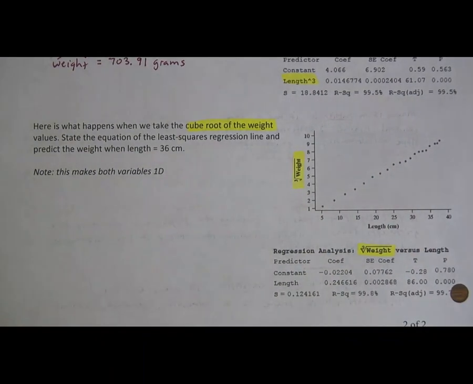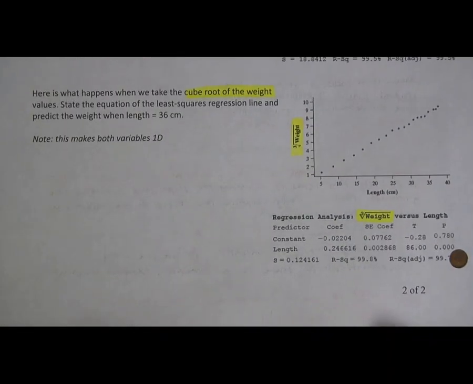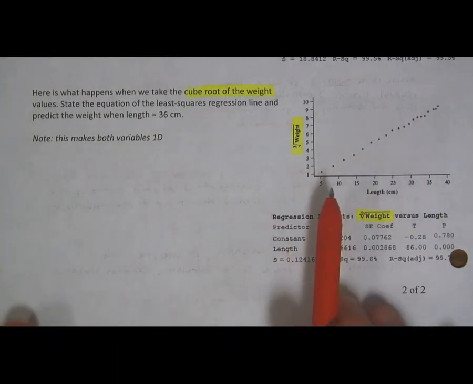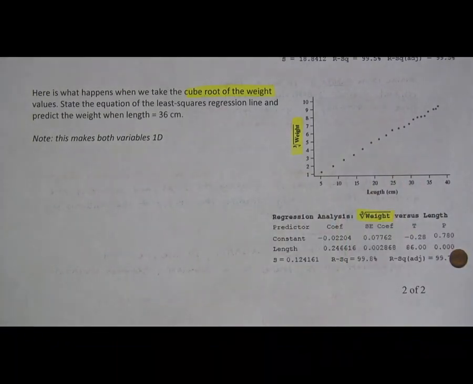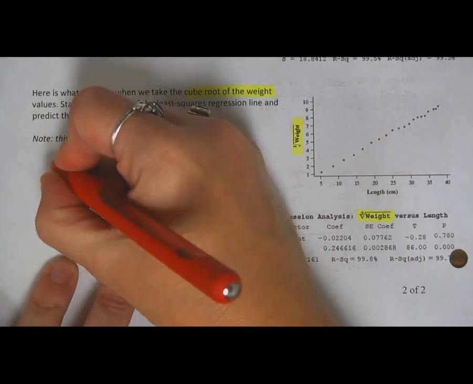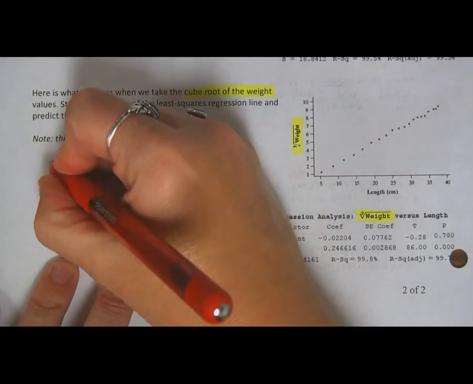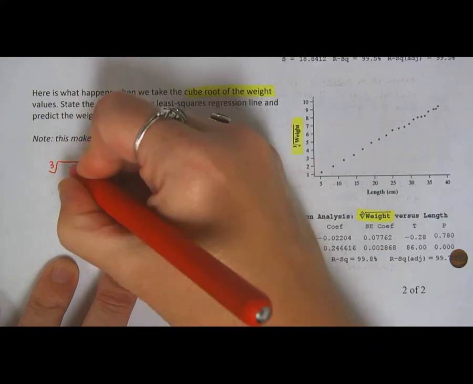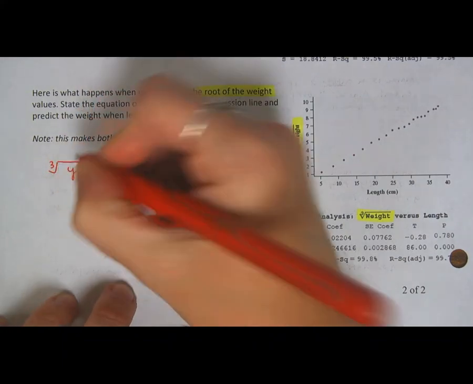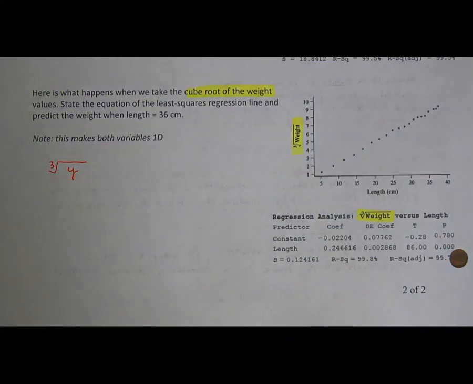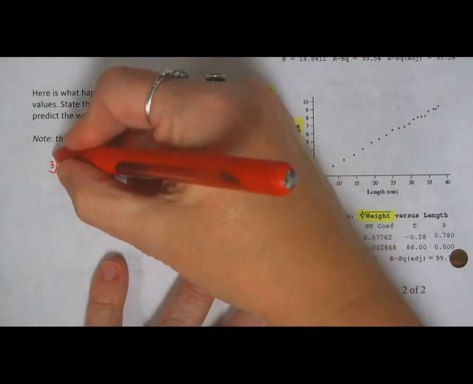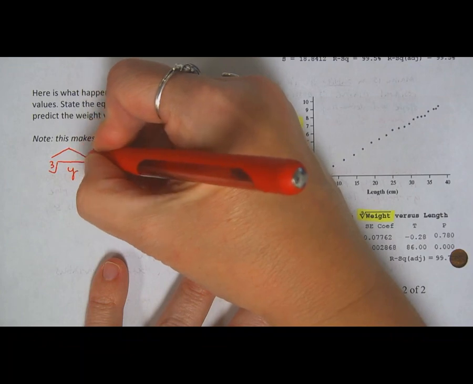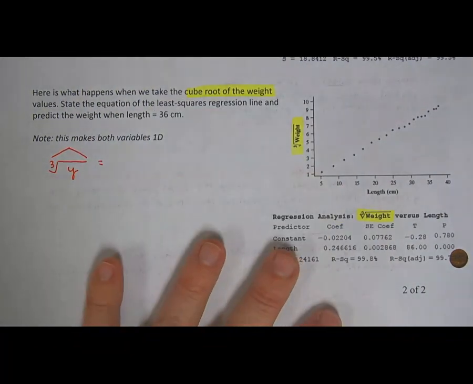It says state the equation of the least squares regression line and predict the weight when the length is 36. Okay, so this is just showing you here's another way we could take the curved data and straighten it out. And so this time, you have to take the cube root of the y value to get the predicted y value.